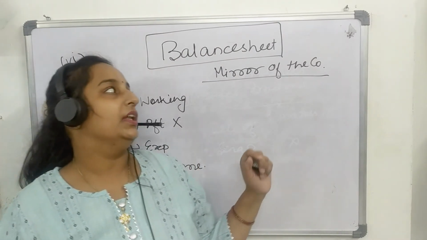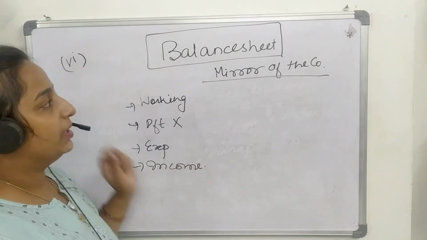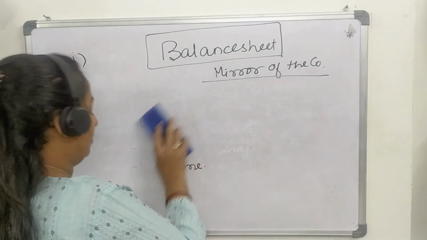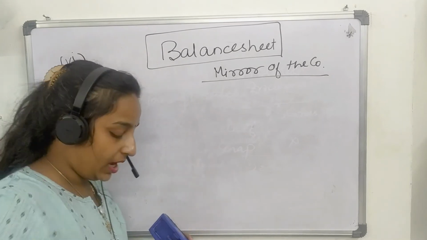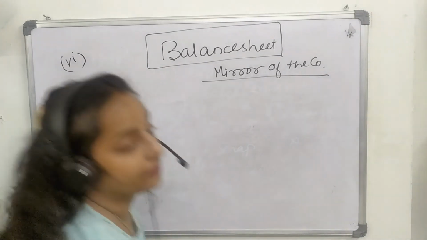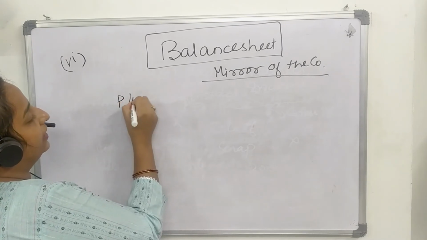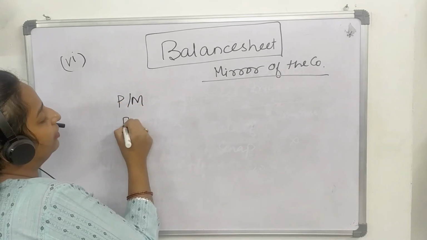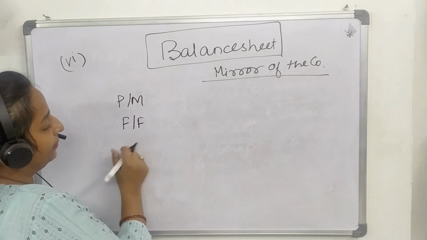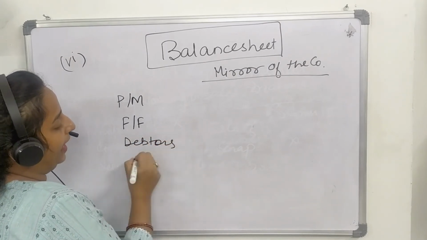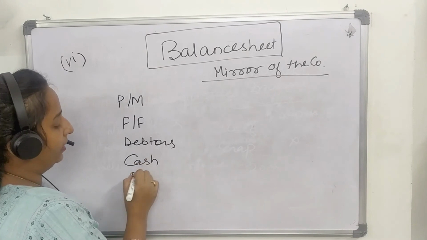Now, after making the P&L account, we will make the balance sheet. Balance sheet will have the balances of assets and liabilities. Assets means plant and machinery, furniture and fixtures, debtors, cash, bank balance.